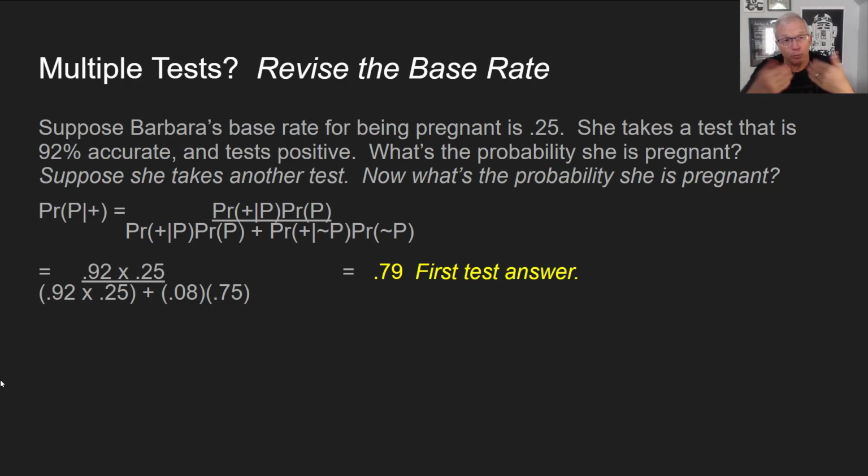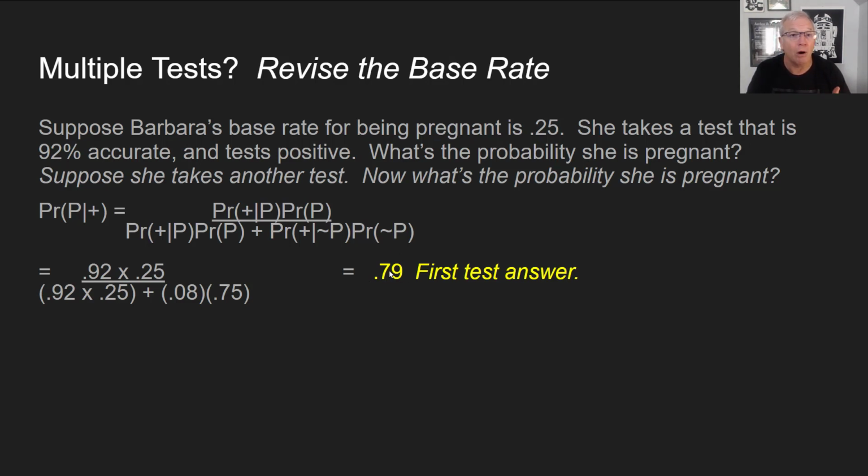Okay, so here's the way to think about it. We've now incorporated a new piece of information, and so now we have a new prior. The posterior probability of her being pregnant after that observation was 0.79. Now, were I to get a new piece of information and fold that into Bayes with this equation again, I'm going to use this as the new prior.